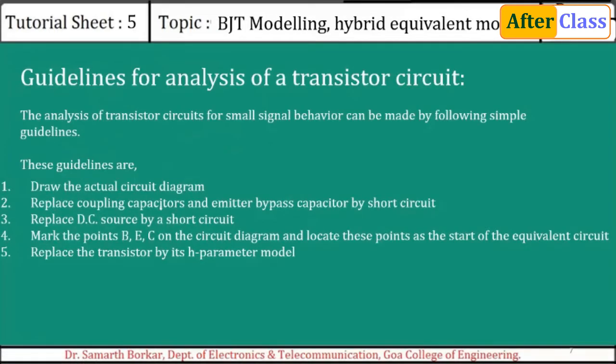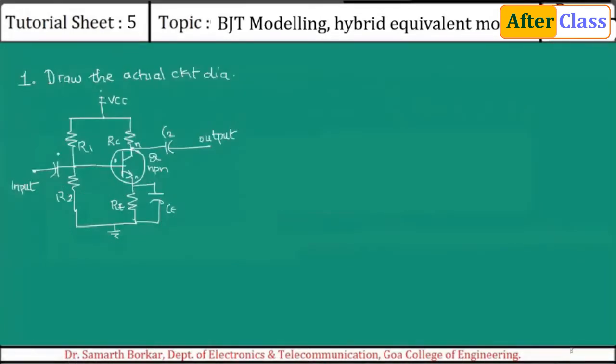Next, replace the coupling capacitors and the emitter bypass capacitors by a short circuit. Which are the coupling capacitors? This C1, C2, and CE. CE is the emitter bypass capacitor. Bypass means it is providing an alternate path. So it is called a bypass capacitor. These are coupling: this one is coupling the input signal, and this capacitor is coupling to the output.